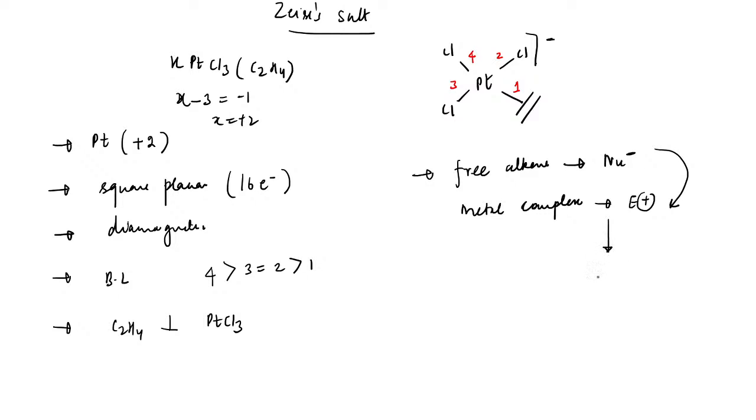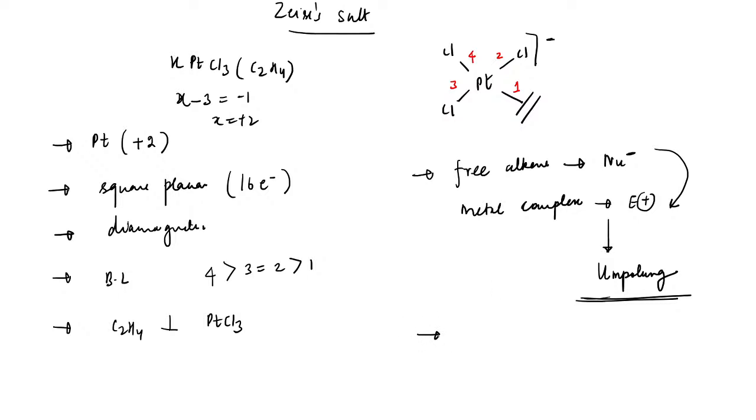Whenever there is a change in polarity, that term is known as umpolung. So there is a change in reactivity, or change in sign, of the alkene: first nucleophilic, now electrophilic. This is the umpolung effect, a change of polarity of the alkene in metal complexes.